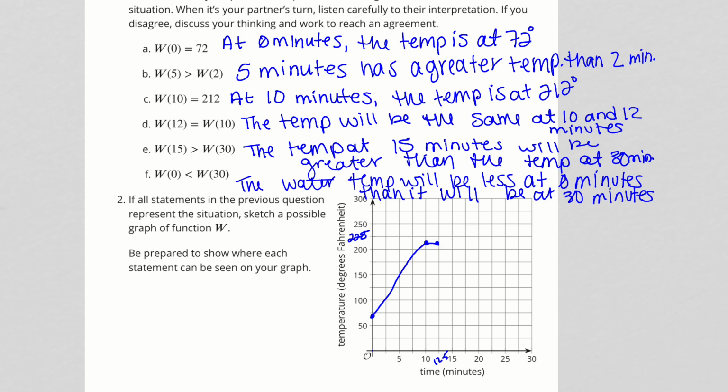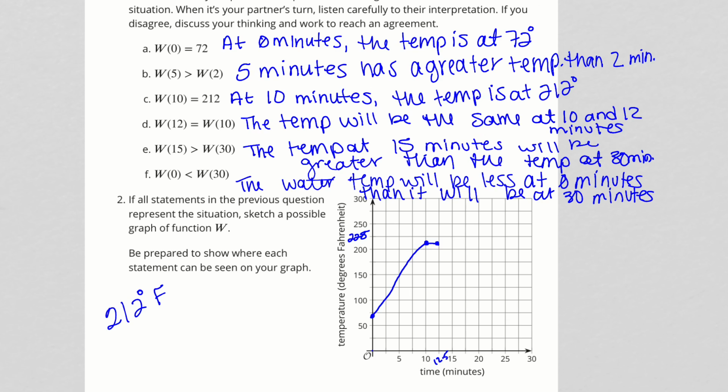What's going to happen now? Does anybody know what the temperature is for boiling water in Fahrenheit? Anybody remember? So the temperature at which water boils is 212 degrees in Fahrenheit.